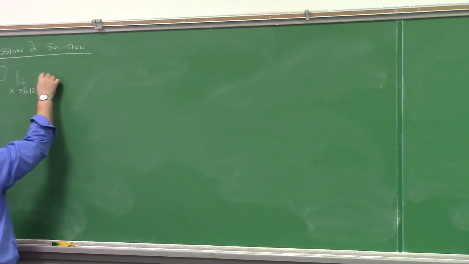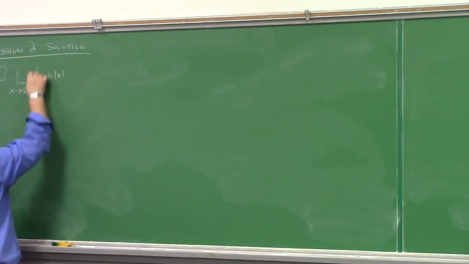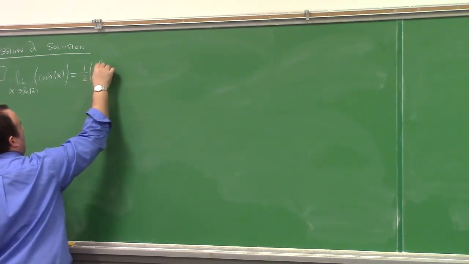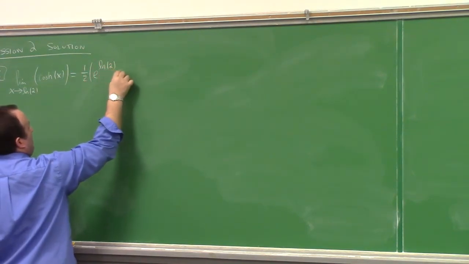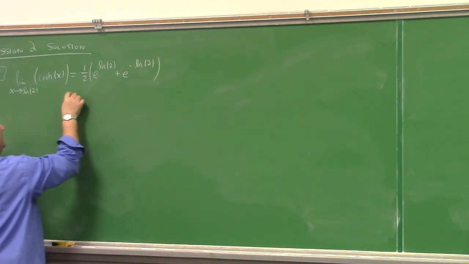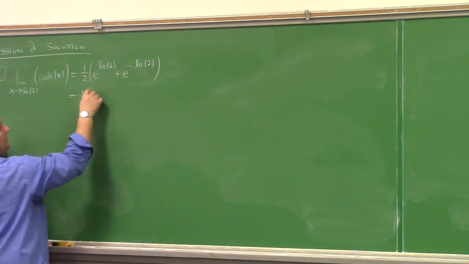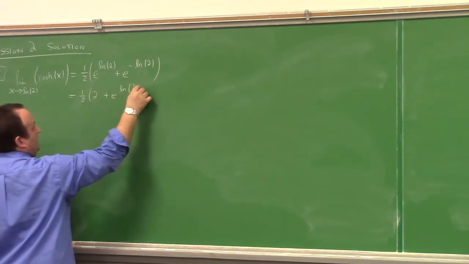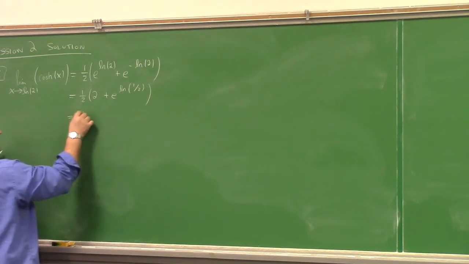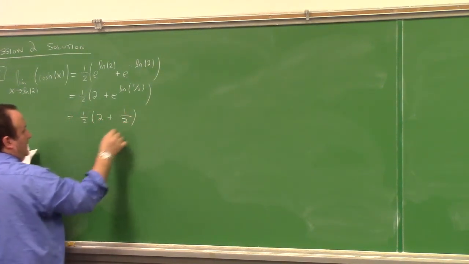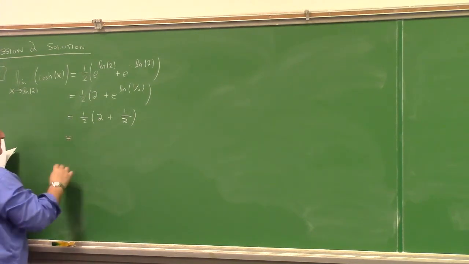And so when we do that, we get 1/2 (e to the natural log of 2 plus e to the minus natural log of 2), which is 1/2 (2 plus e to the natural log of 1/2), which is 1/2 of (2 plus 1/2), which is 5/4.